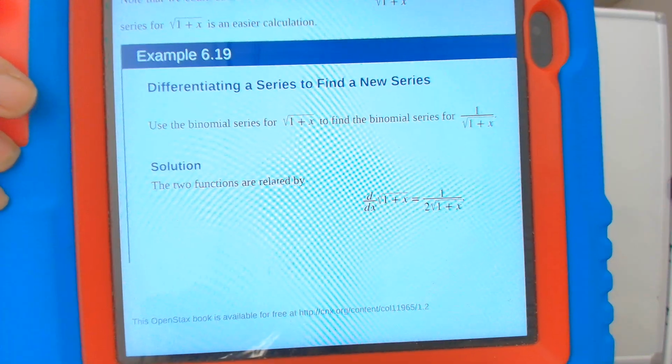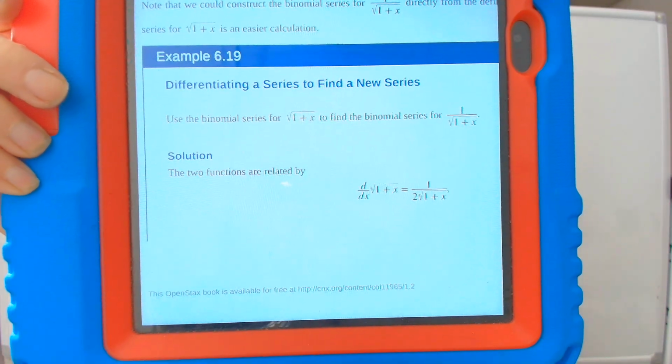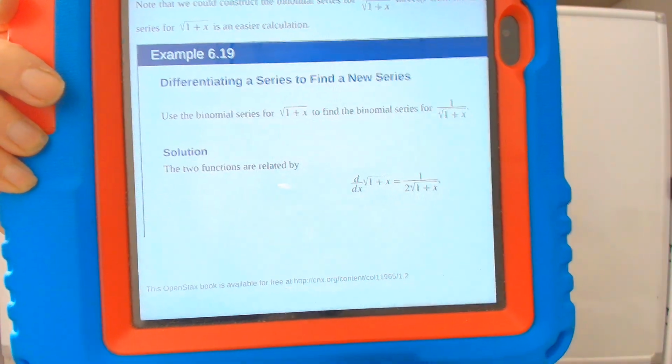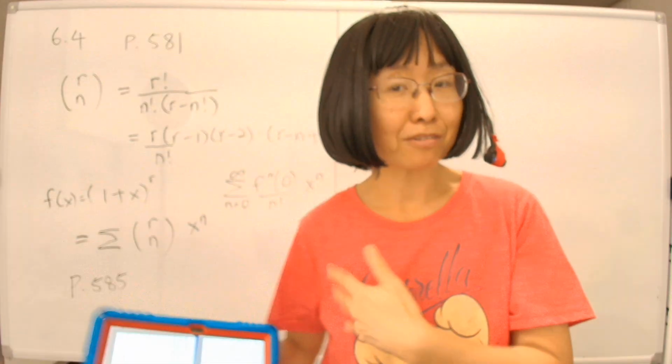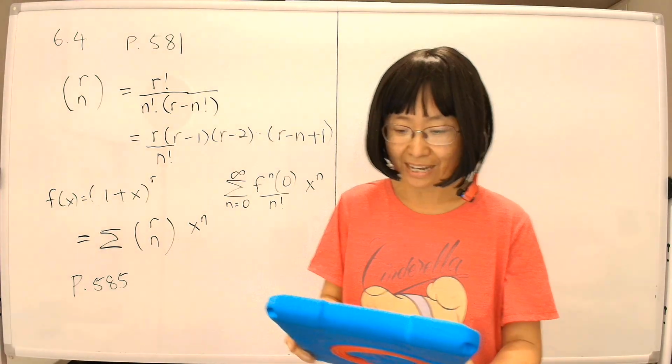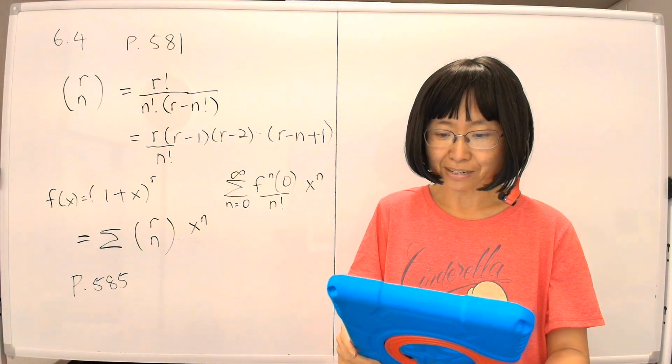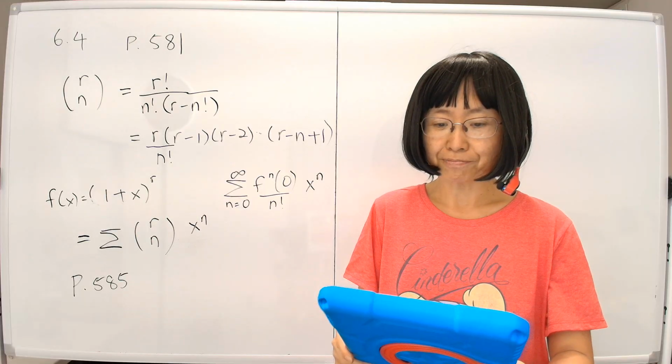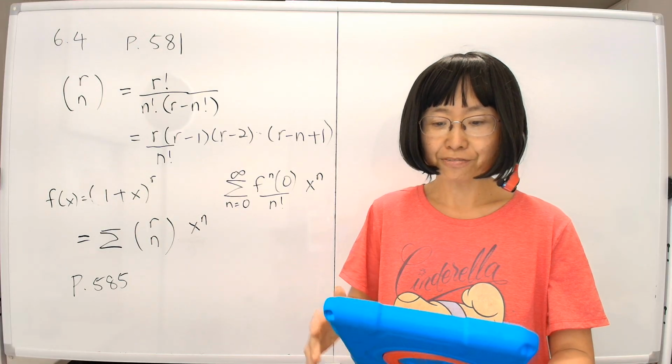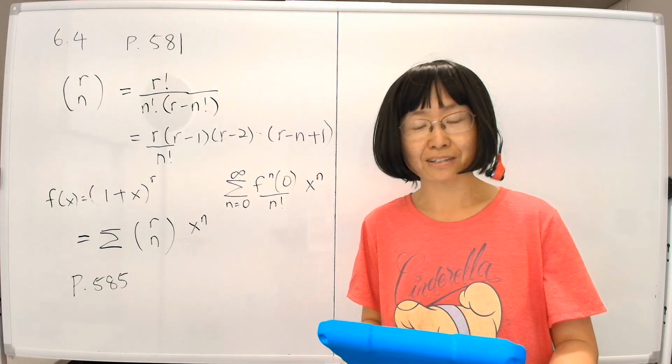Well, it just happens that the derivative of square root of x does equal 1 over square root of x with some constant attached. So with that, you can manipulate this into finding the binomial series for something.